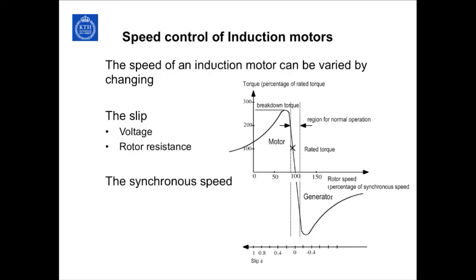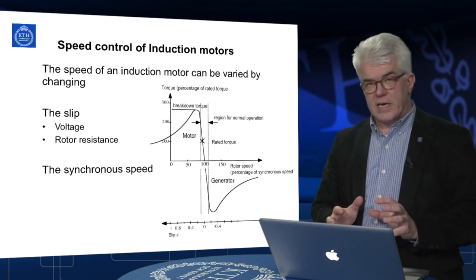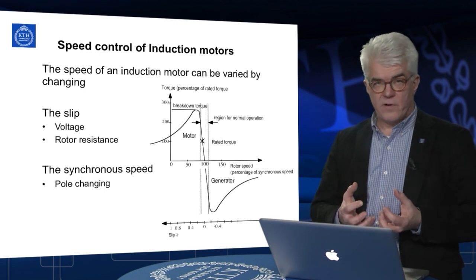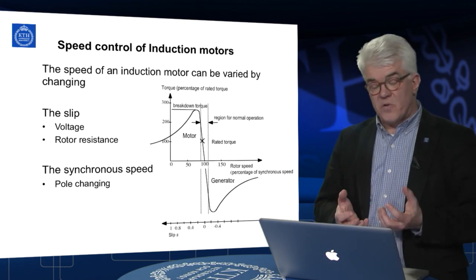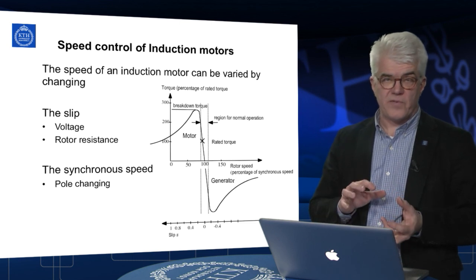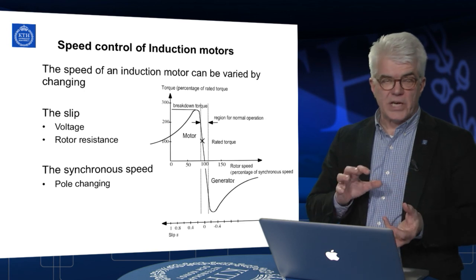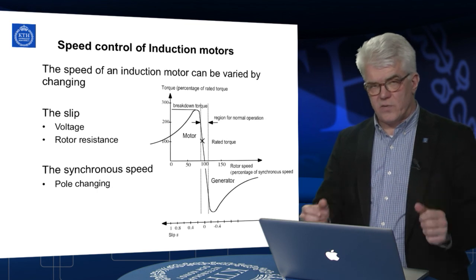So the second option would be to change the synchronous speed of the motor. That is to change the pole pairs of the machine, so that you go from 2 poles to 4 poles and so on. You can do that. There exist old-fashioned methods to change the pole numbers in operation by changing the connections of the machine, but that's not at all a possible way to do it in trains.